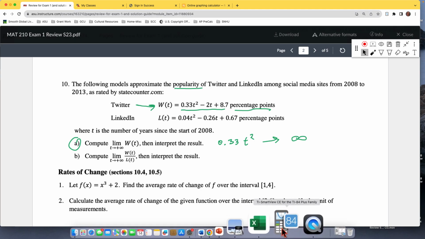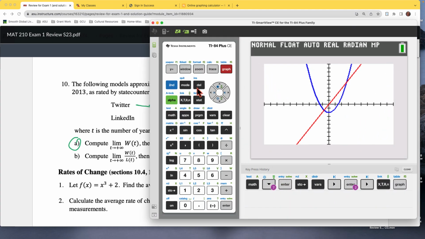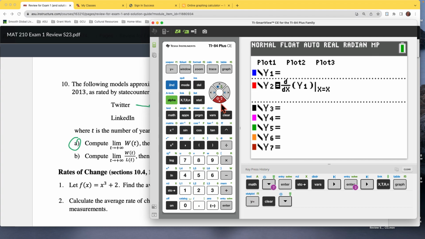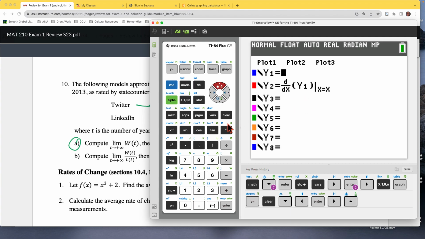We're going to graph the whole function. So come back here, clear. I'm going to leave this here, but I'm going to turn it off so that if I ever want the derivative, I can get it.